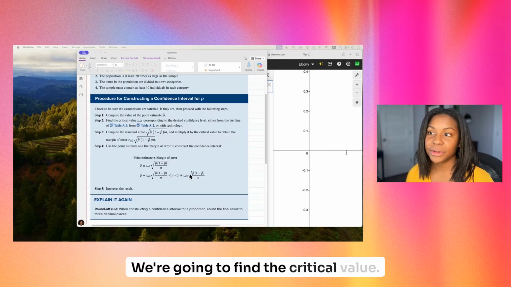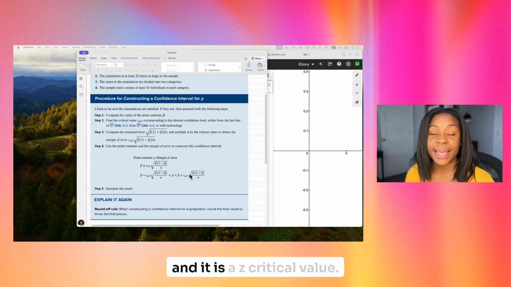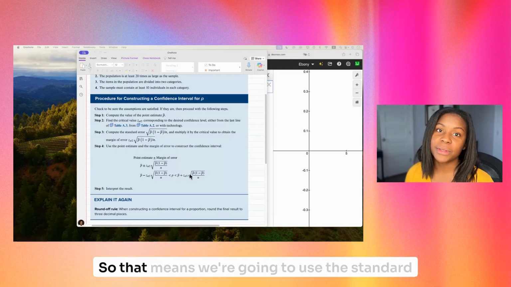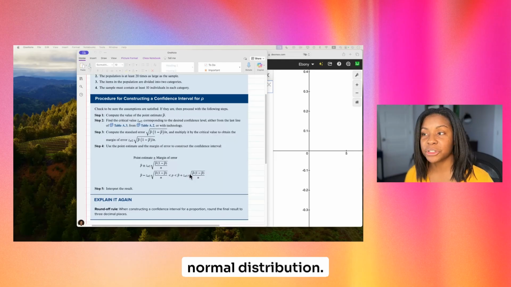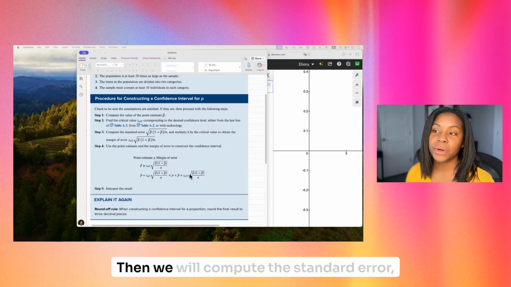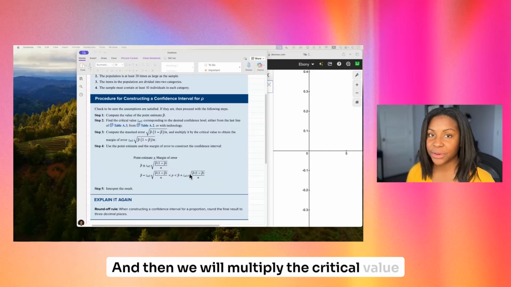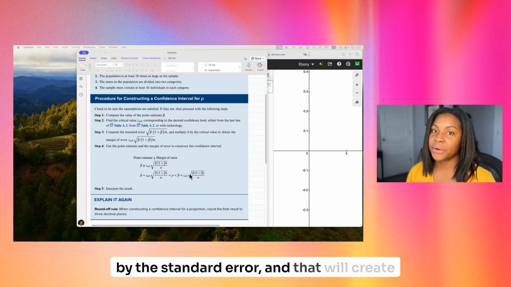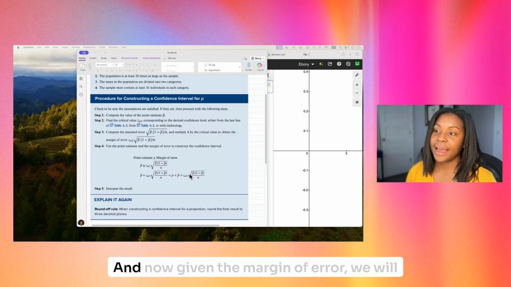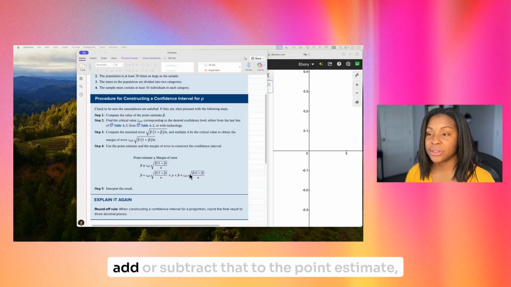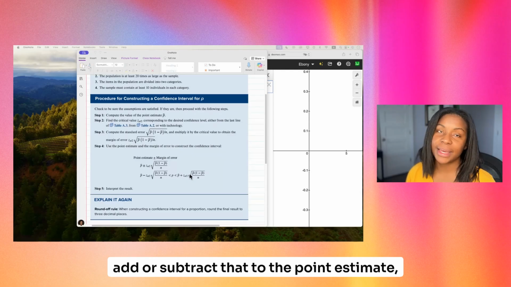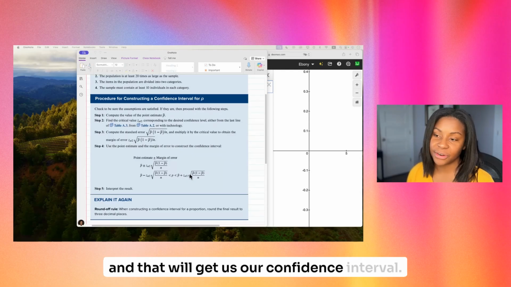We're going to find the critical value, and it is a z critical value. So that means we're going to use the standard normal distribution. Then we will compute the standard error, which has the formula you see. And then we will multiply the critical value by the standard error, and that will create the margin of error. And now, given the margin of error, we will add or subtract that to the point estimate, and that will get us our confidence interval.